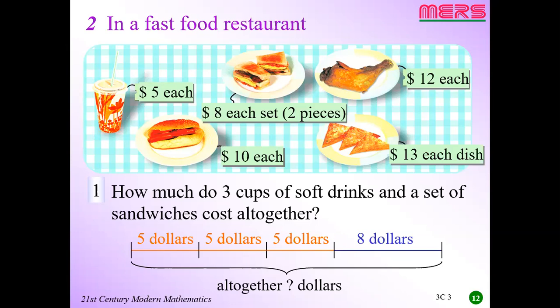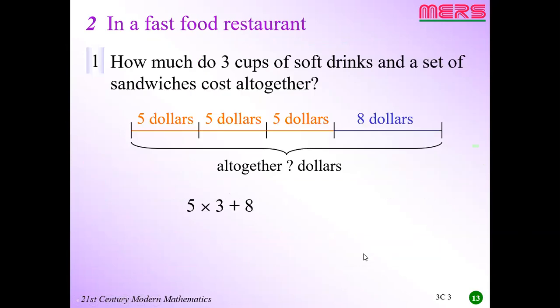So, in the orange one, we will have 1, 2, 3 cups of soft drinks. Each one will cost $5. And a set of sandwiches costs $8. So altogether, we may write down the number sentence like this: 5 times 3 plus 8.